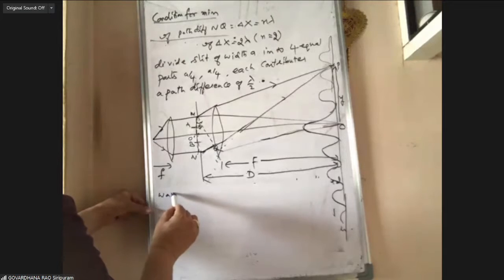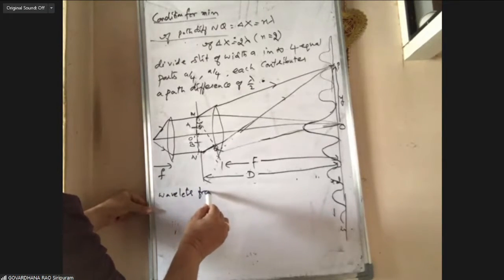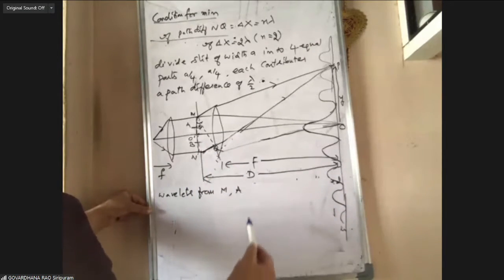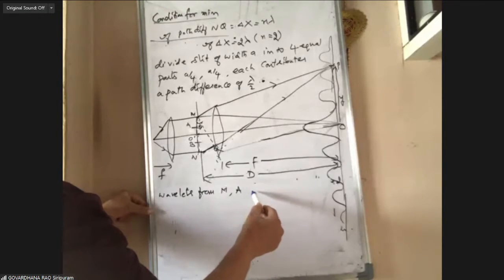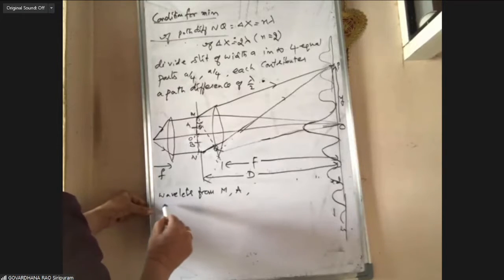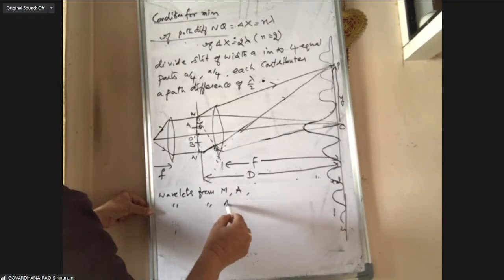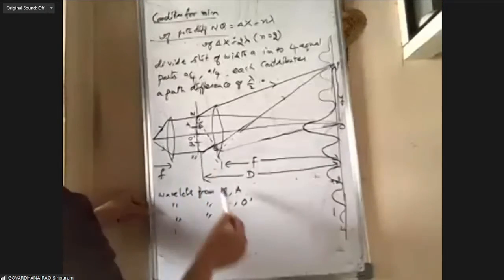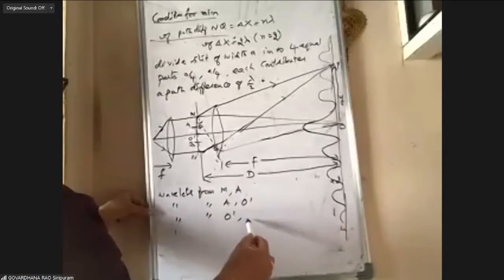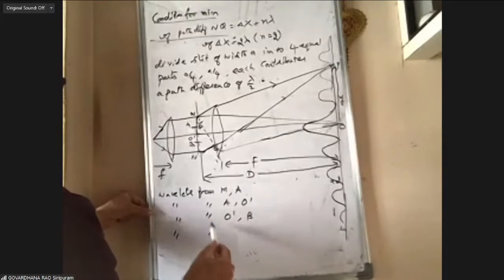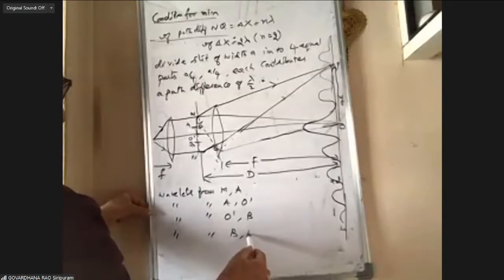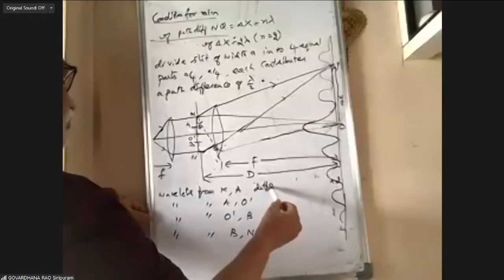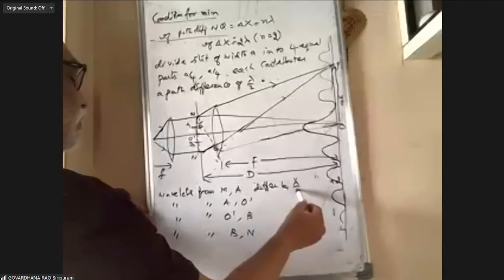So wavelets from M comma A, wavelets from A comma O dash, wavelets from O dash comma B, wavelets from B comma N differ by lambda by 2.